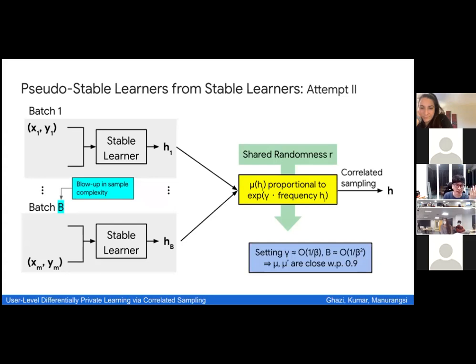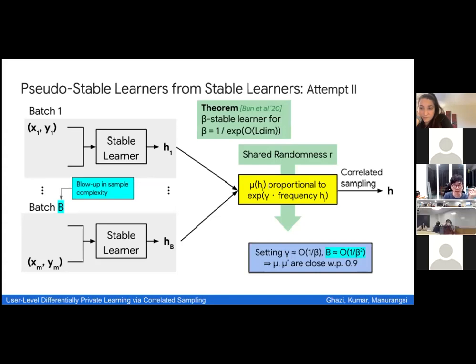So your sample complexity will blow up with B, which is now 1 over beta squared. But recall that the stable learner that we start with only has beta that is 1 over exponential in Littlestone dimension. So this approach also wouldn't work yet, because it means that the sample complexity that you need per user will be exponential in the Littlestone dimension.